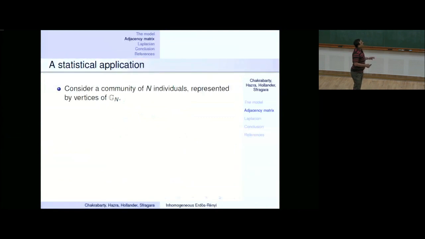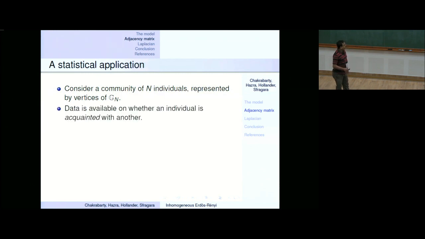Okay. So going back to our result, there are a couple of applications of that. The first one is a statistical application. I consider a community of n individuals, which I'll represent by vertices of the graph Gn. And I have data on whether an individual is acquainted with another.